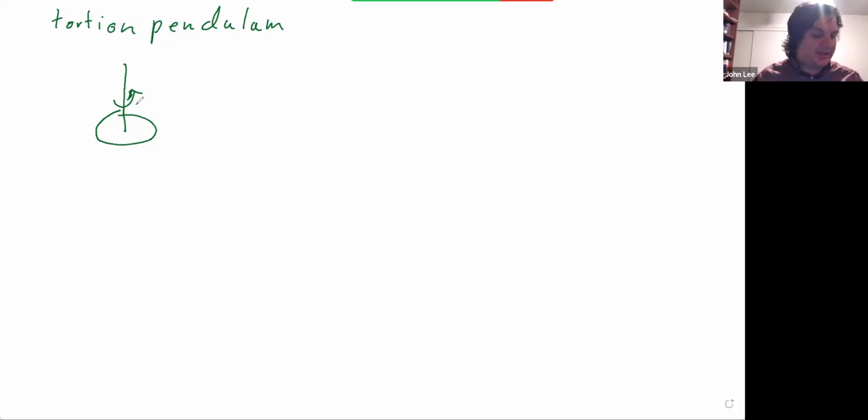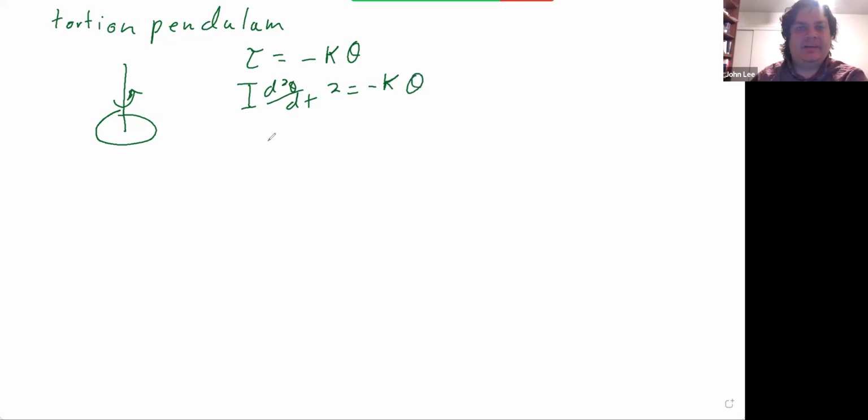That is called torsion, and it has the form torque equals negative kappa theta, where I d squared theta dt squared is equal to negative kappa theta.